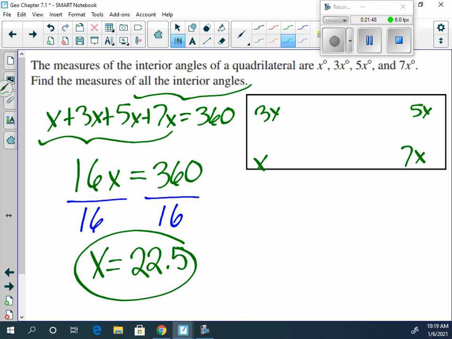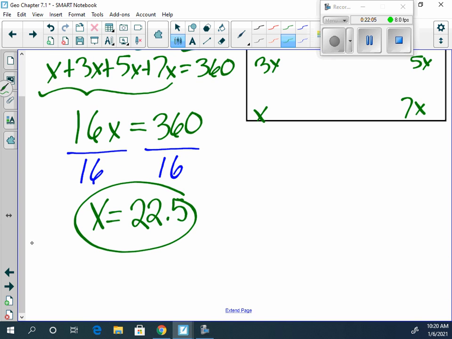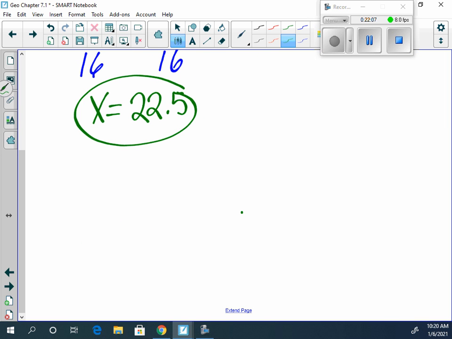Well, we already know one of the angles. One of the angles will be 22.5 because one of our angles is just x. But we have to find the others because we have to find 3x, 5x, and 7x. Well, if I want to find those, we know what the value of x is. It's 22.5, yes?